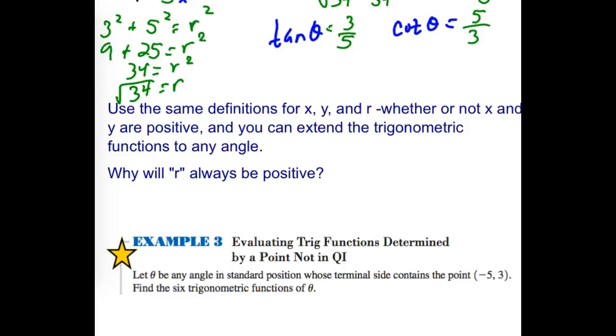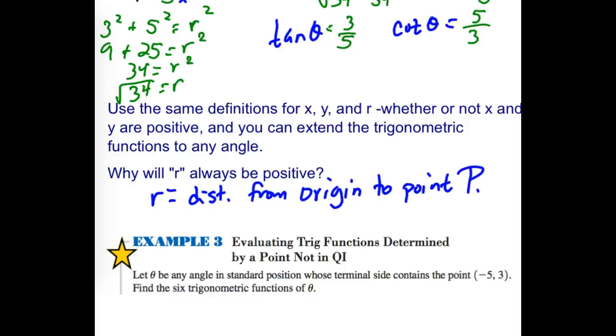Okay. So, r is defined as the distance from the origin to that point P on the terminal side. So r will always be positive, even though x and y are going to alternate depending on what quadrant we land in.